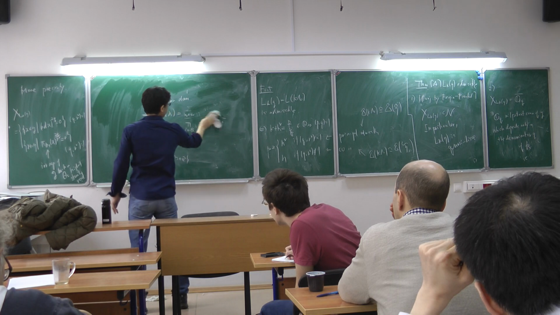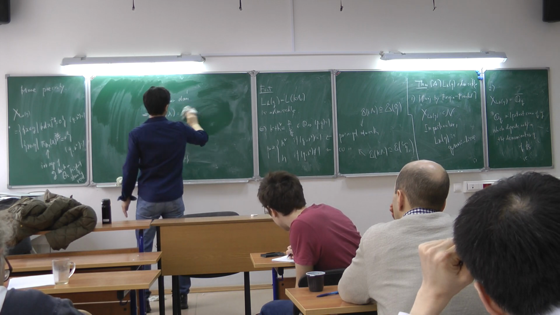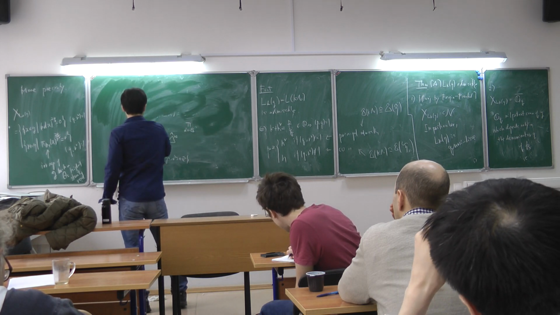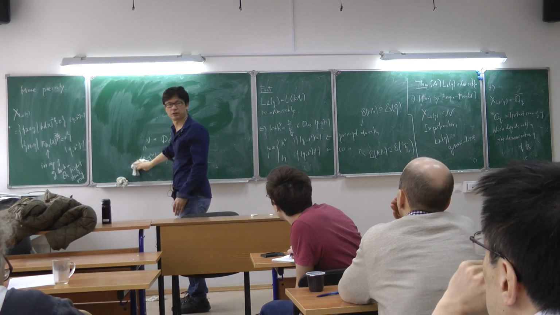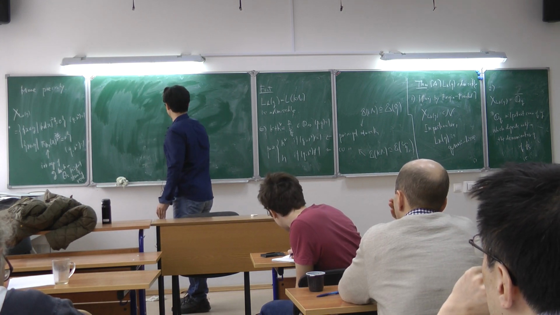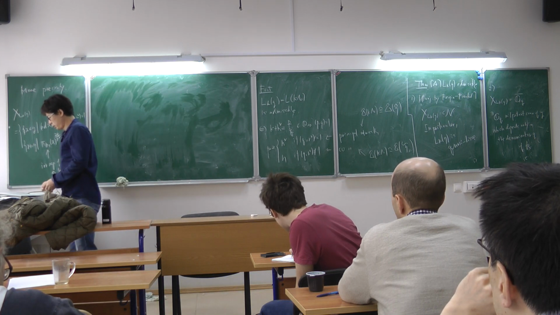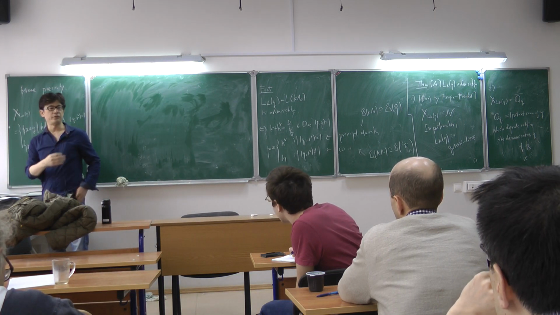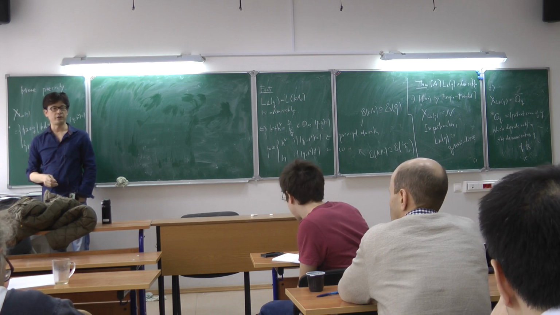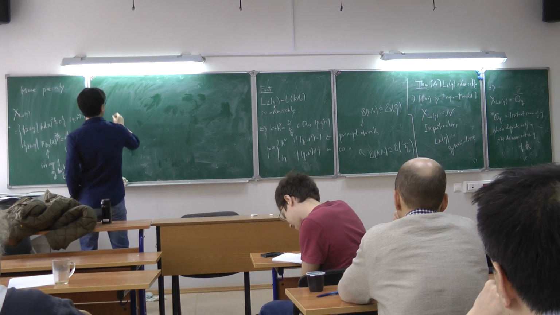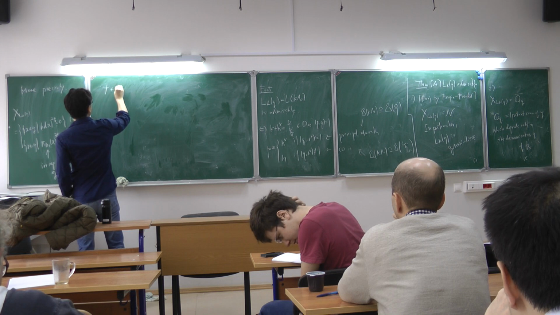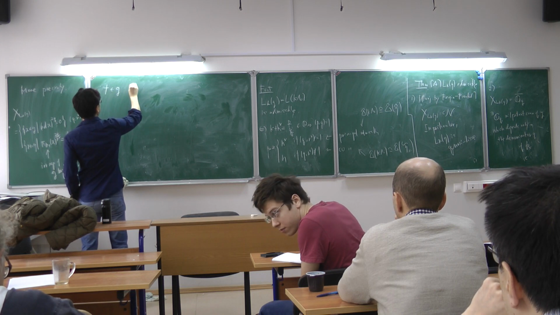So admissible VOA gives a family of quasi-lisse VOAs. And in fact, you can construct many more quasi-lisse VOAs from this by Drinfeld-Sokolov reduction. And this is what I want to explain. So let f be some nilpotent element.